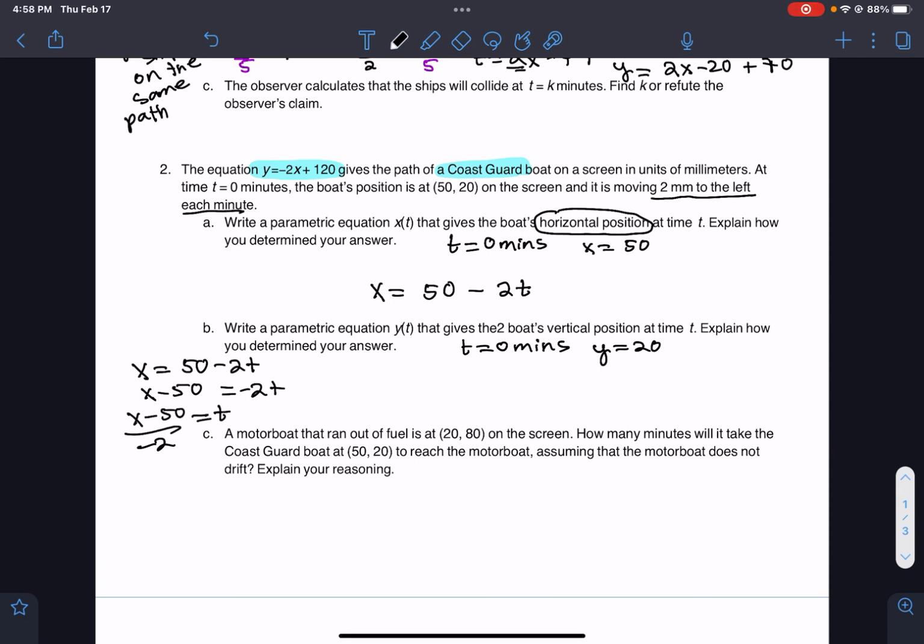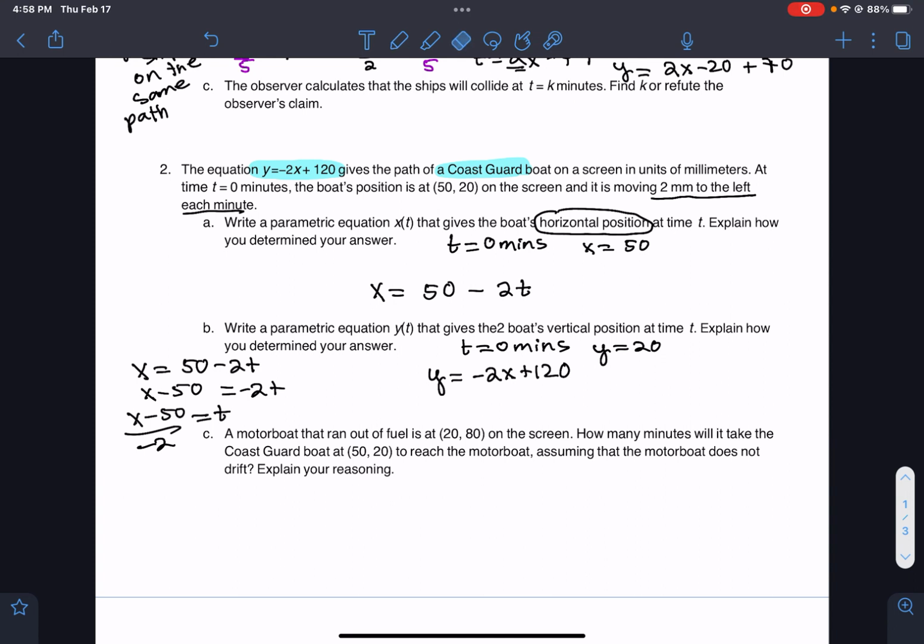So I know now what t is, and I'm going to substitute it into negative 2x plus 120. I hope you see what I'm trying to do here, which is get rid of x. Funny thing is, I got too excited and I did too much.